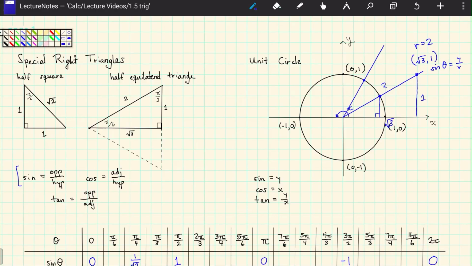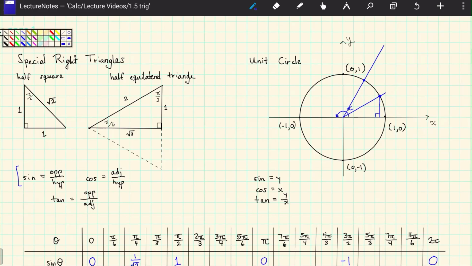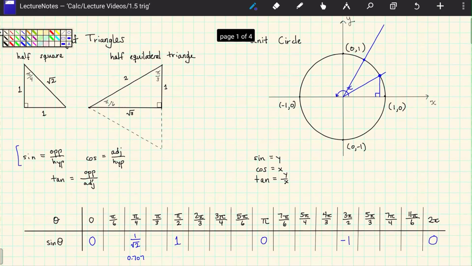Okay, I am going to erase all that stuff and just keep us anchored on the unit circle, where it is also true that the y coordinate is just 1/2. So that means the sine of pi over 6 is 1/2.